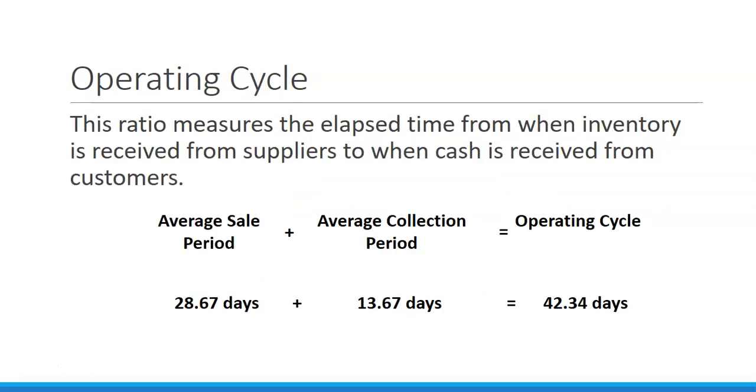Our operating cycle is the time from when we receive inventory from suppliers to when we receive cash from our customers. So we take the average sales period plus our average accounts receivable collection period and add them together, and that is our average operating cycle.